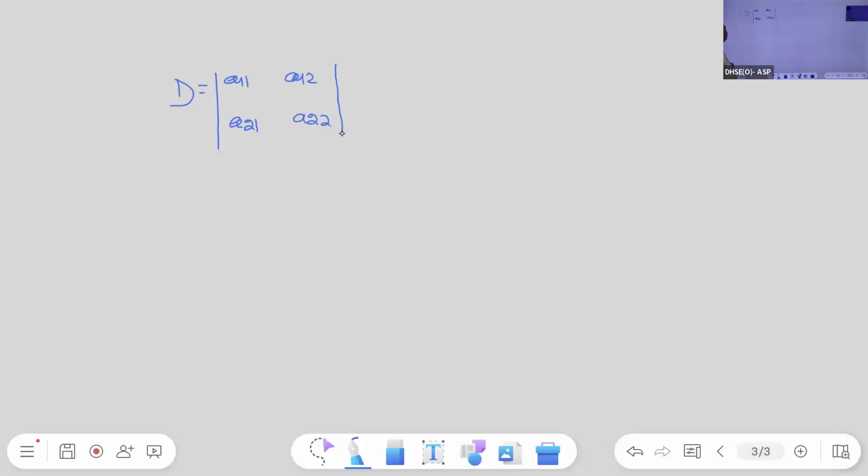A second order determinant contains 4 elements, 2 elements in the first row and 2 elements in the second row. There are 2 diagonals. This is a diagonal, this is another diagonal. The diagonal which connects the left upper corner to the right lower corner is known as the leading or principal diagonal.